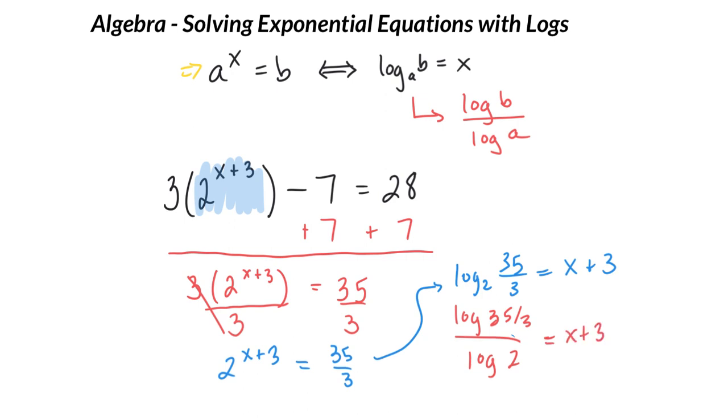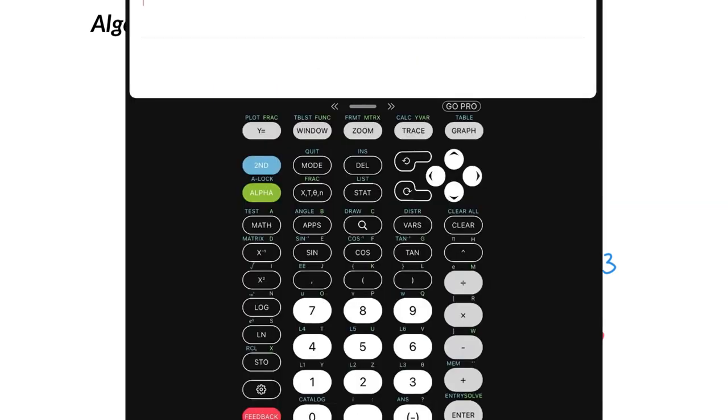Let me type that in quick. So we've got log of 35 thirds divided by log 2, which is 3.54.